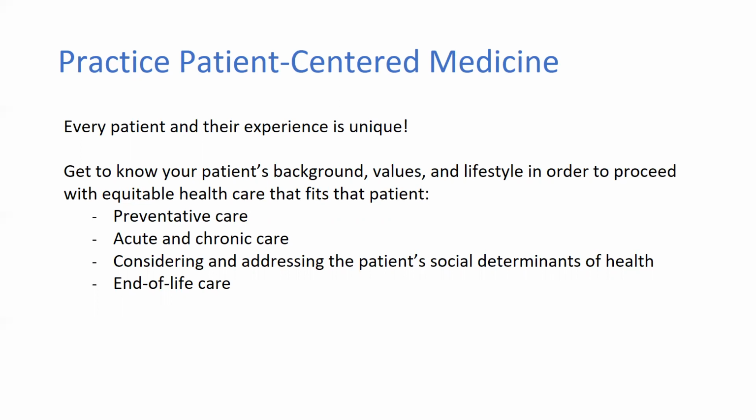Through identifying and getting to know your patient, you can then form your approach to care: preventative care, acute and chronic care, end of life care, as well as addressing social determinants of health. You can build that around your patient, their needs, their social determinants of health.